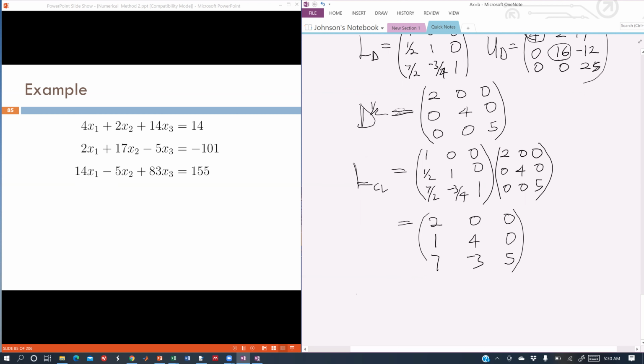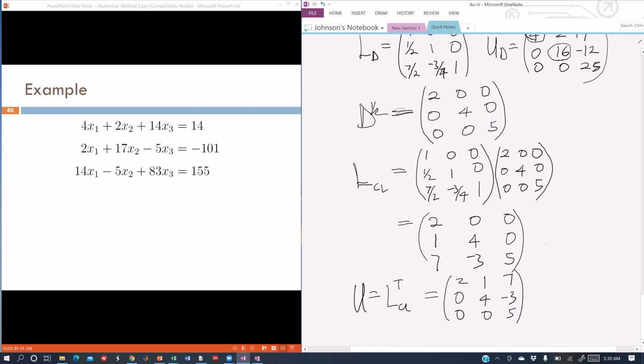And for that matter, we can find our U for the Cholesky, which is L Cholesky transpose, which gives us 2, 0, 0, 1, 4, 0, 7, minus 3, 5. And then proceed as we did in the previous case.